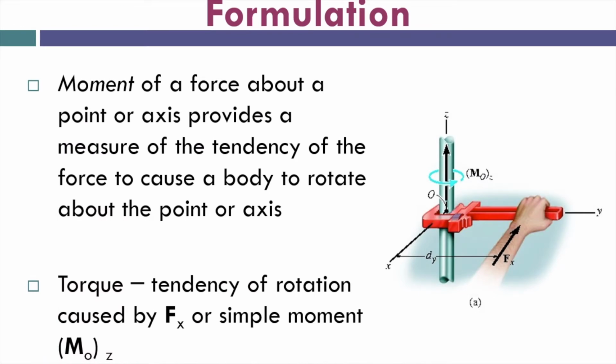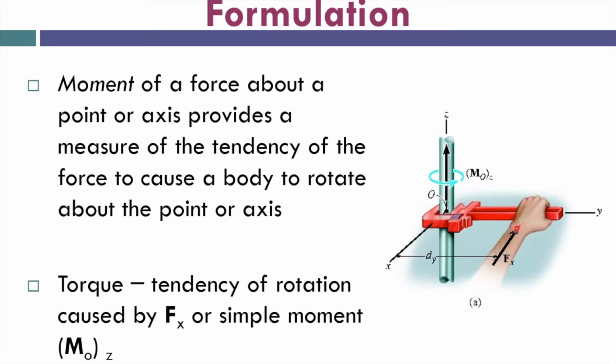Okay, for scalar formulation, moment is defined as a force about the point or axis. Okay, this is a point, this is the axis. So the axis provides a measure of the tendency of the force to cause a body to rotate about the point or axis.